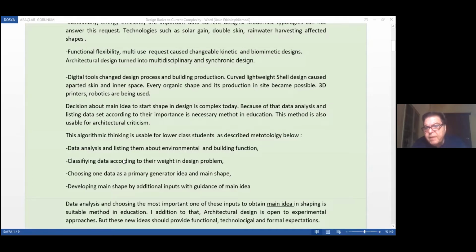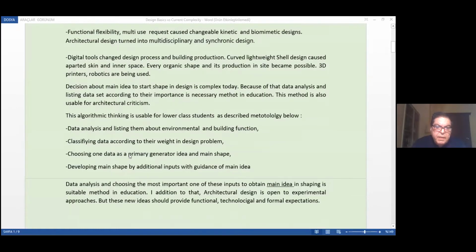Because of that, data analysis and listing the data set according to their importance is a necessary method in education, especially in undergraduate education. This method is also usable for architectural criticism. This algorithmic thinking is usable for lower class students as described in the methodology below. First, data analysis and listing them about environmental and building function.